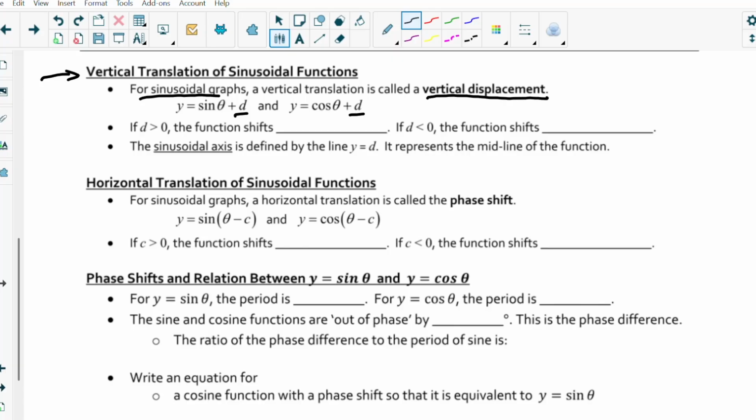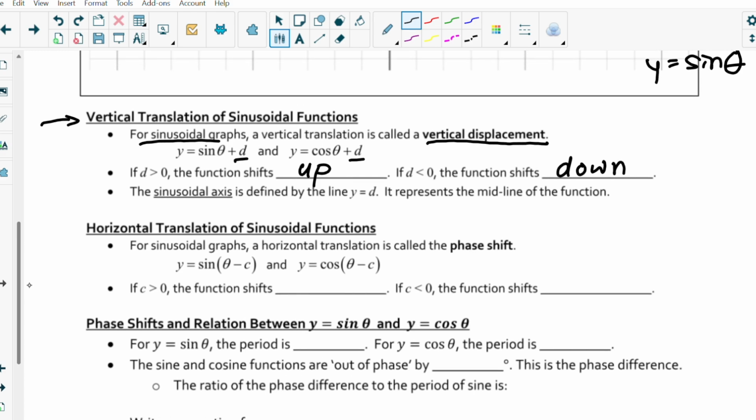If d is greater than 0, the function shifts up. If d is less than 0, the function shifts down. So it works just like the k value for function transformations. The sinusoidal axis is defined by the line y equals d. It represents the midline of the function.